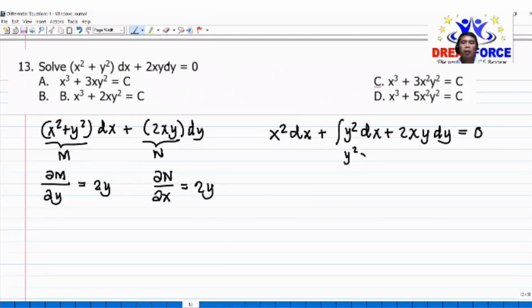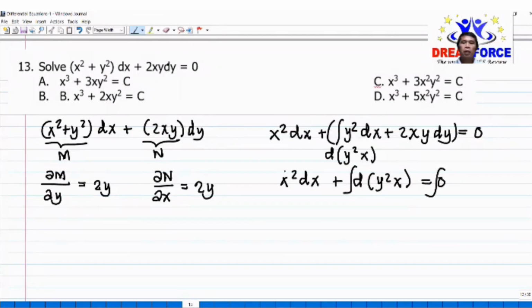So y squared x. So bali, yan ay derivative ng y squared x. Pati ito, that will be y squared dx plus xy times 2y dy. So ito yon. Kaya x squared dx plus the derivative of y squared x is equal to 0.